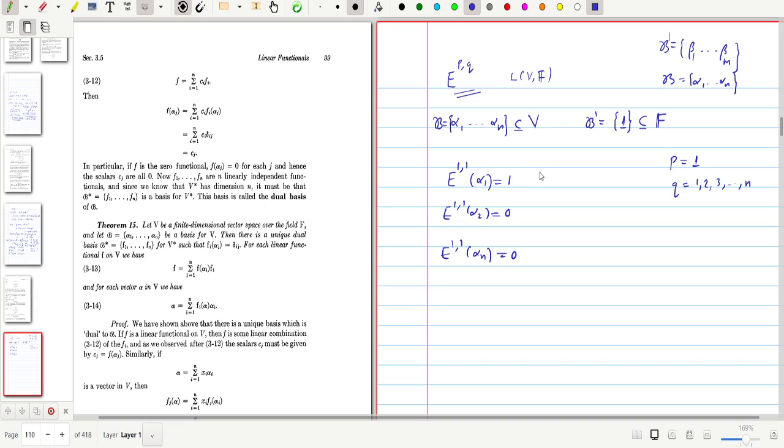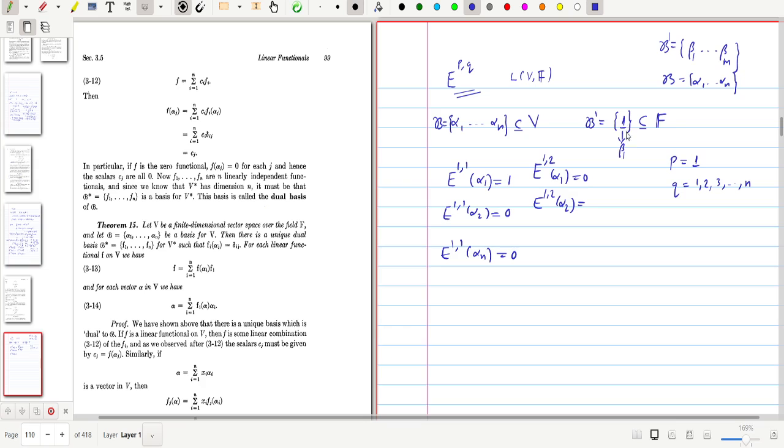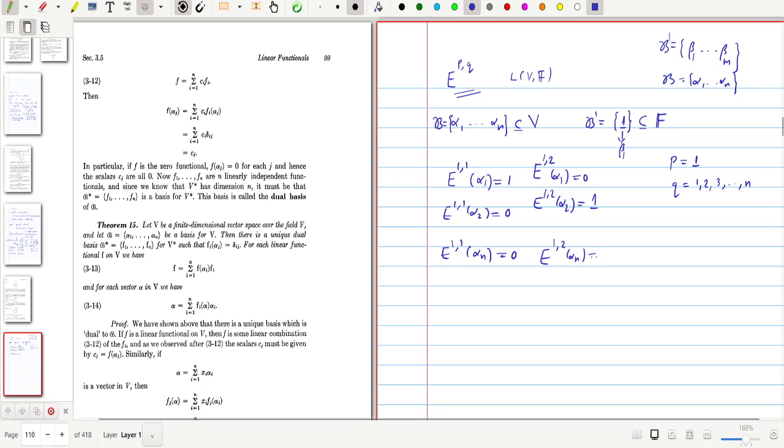So we can write the next element as E_12 of alpha 1 equal to 0. Similarly, E_12 of alpha 2, these two suffixes are the same, so we call it beta 1. This is our beta 1. The only possibility is 1, then this is 1, and the last one, E_12 of alpha n is equal to 0.